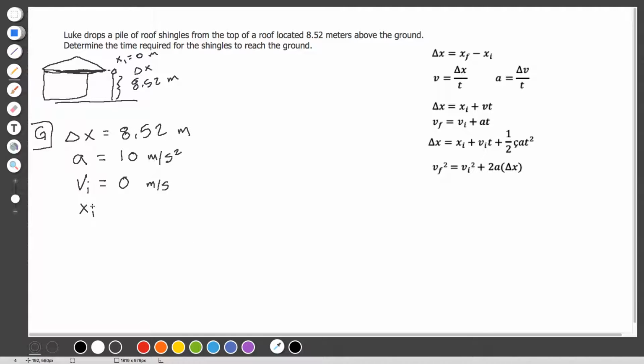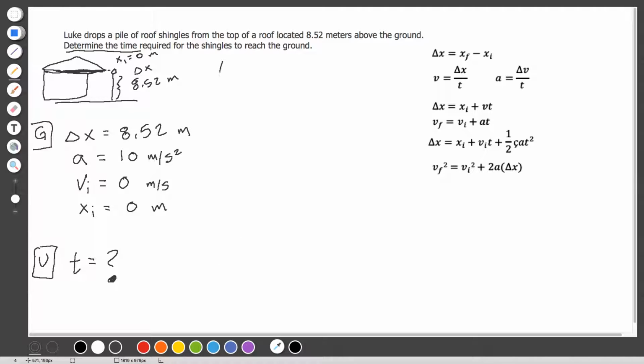Okay, so what's our unknown? Our unknown is what it's asking us to solve for. Determine the time required for the shingles to reach the ground. So our unknown is time.